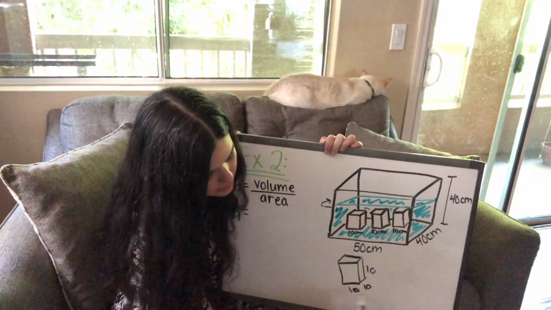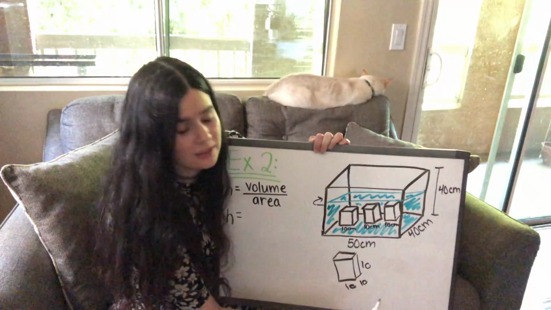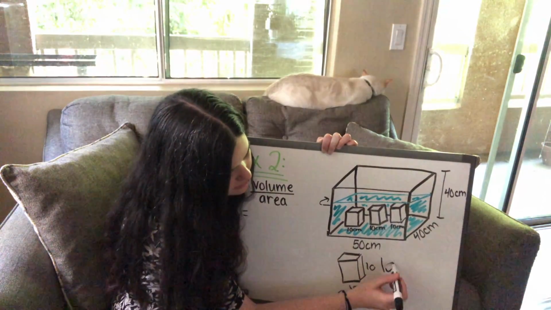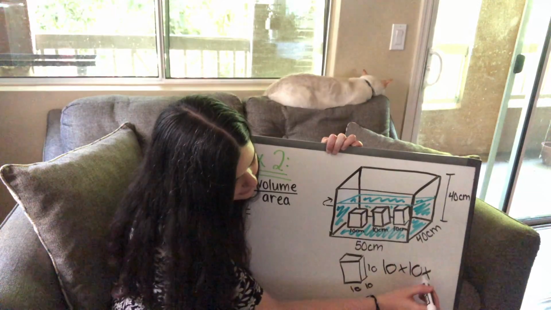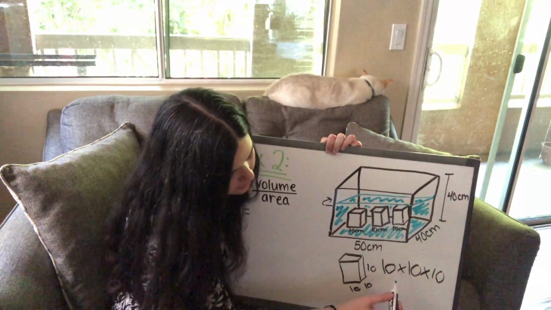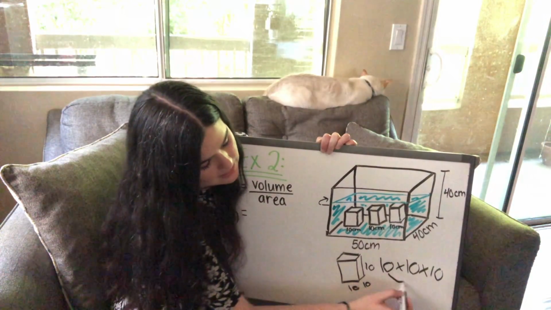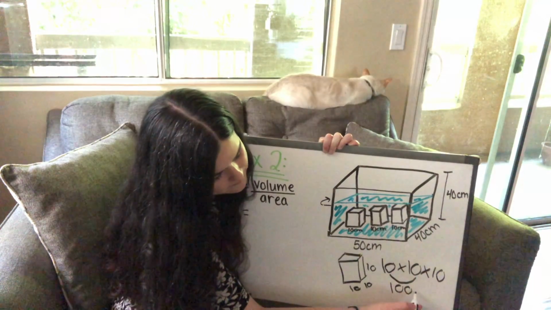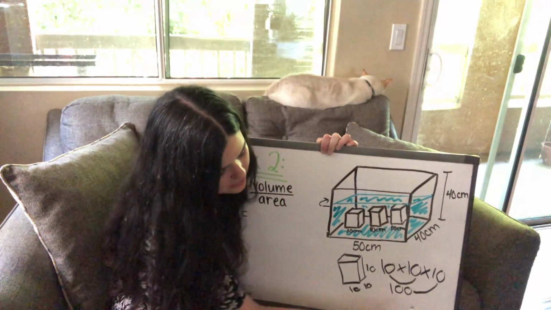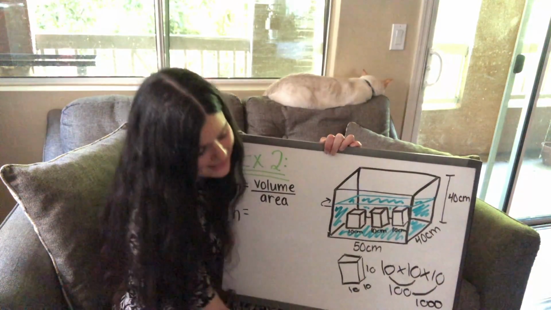To find the volume of each of our cubes, we are going to multiply length by width by height. So we have 10 times 10 times 10. And we know that they're all going to be in centimeters. 10 times 10 is 100. 100 times 10 is 1,000.